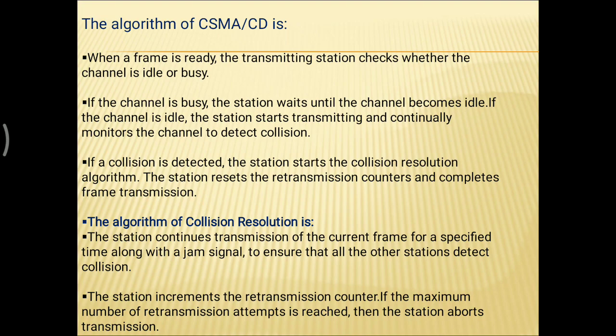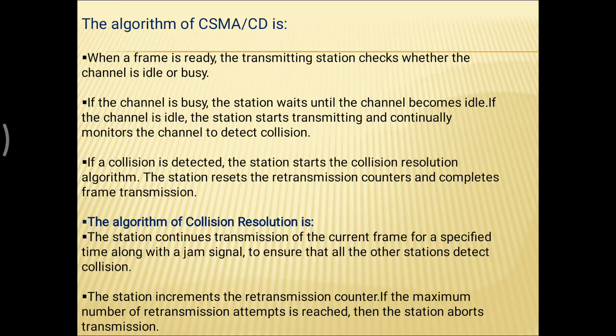If a collision is detected, the station starts the collision resolution algorithm by transmitting the jam signal. Here is how the collision resolution technique is applied. The station continues transmission of the current frame for a specified time along with the jam signal to ensure that all other stations detect that the collision has taken place.